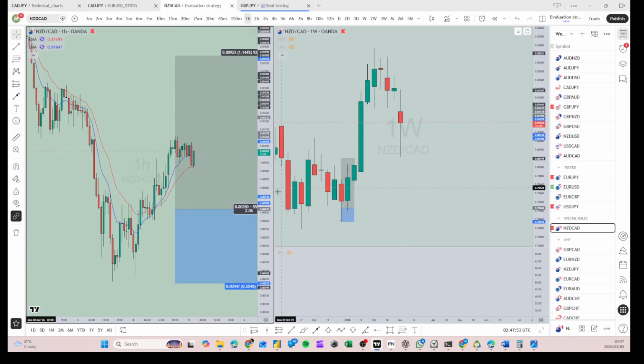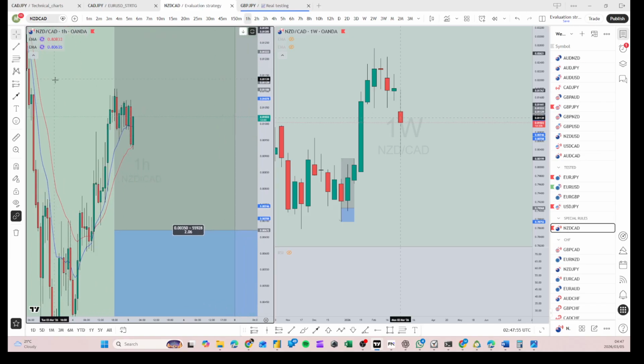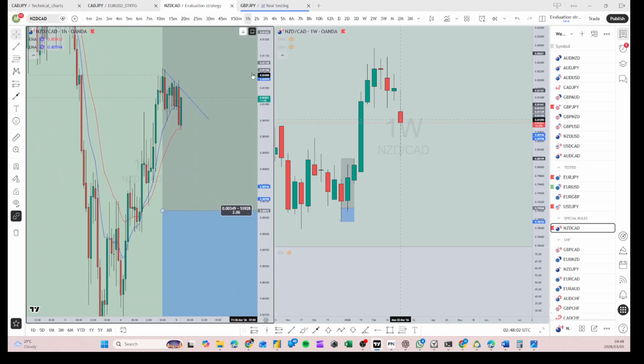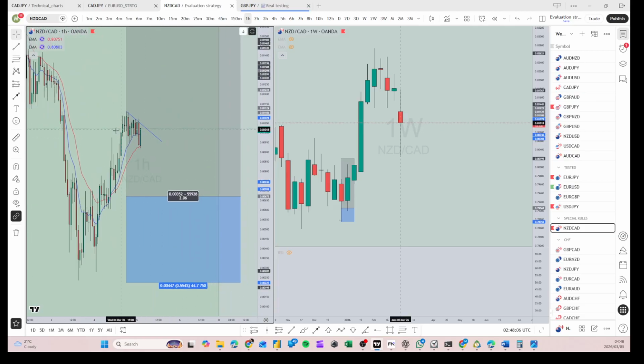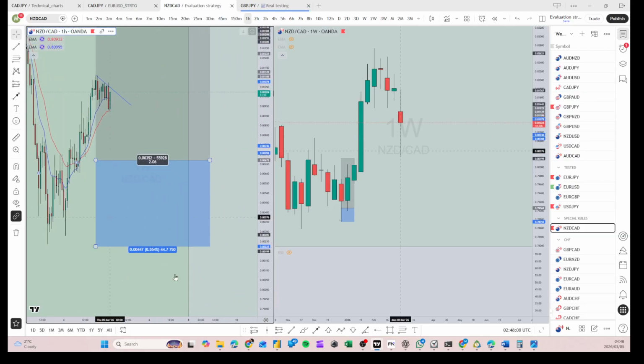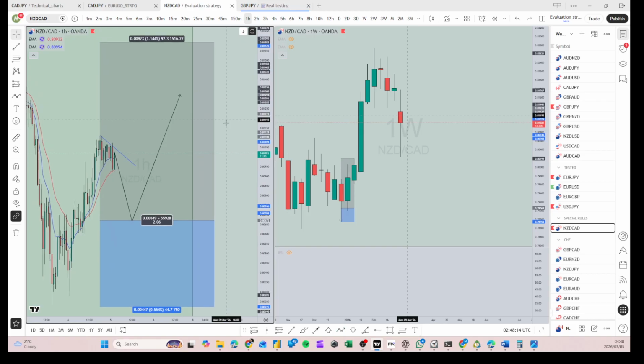Let's look at the 1 hour. You can see we have this nice structure right here. My anticipation on this pair was that if we could get a move down here, then I was going to take this long.